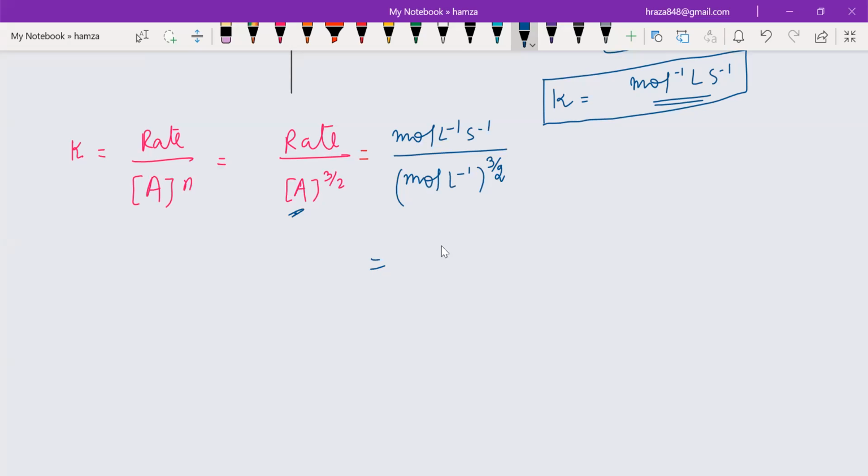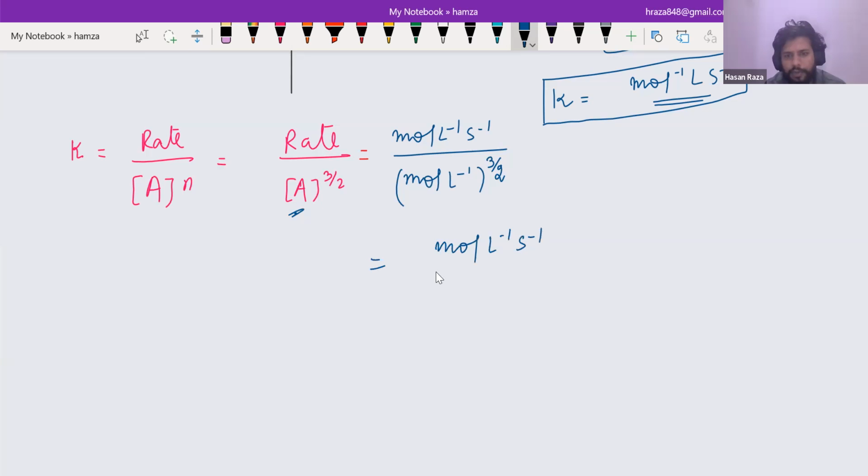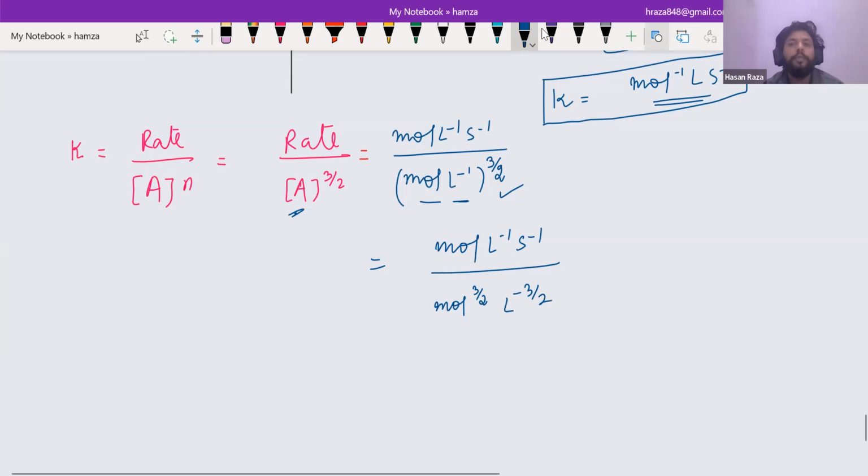Yes, sir. Now you can see that in the numerator it is mole per liter per second, but in the denominator it is mole raised to the power 3 by 2. So I'm going to write mole raised to the power 3 by 2 along with liter raised to the power minus 1 raised to the power 3 by 2. So I'm going to write liter raised to the power minus 3 by 2. Are you getting my point? Yes, sir. Now see, it's very easy to calculate.